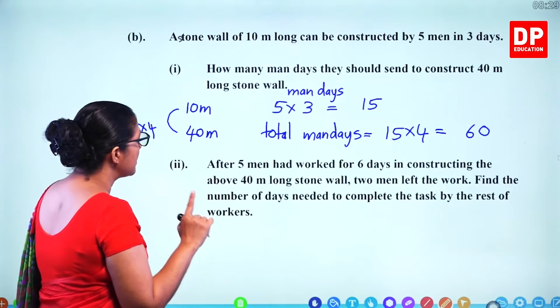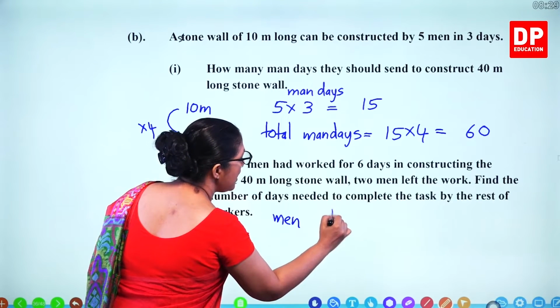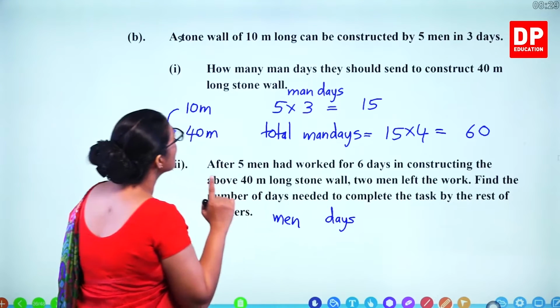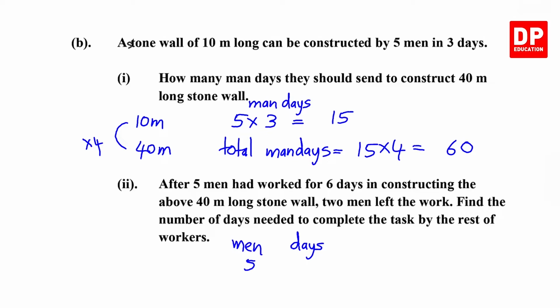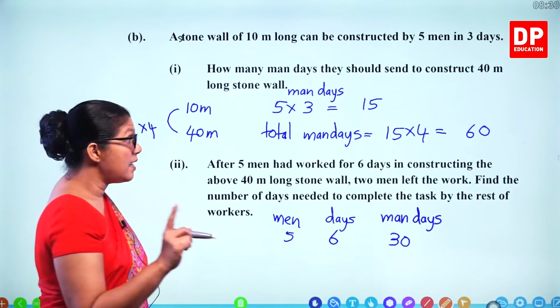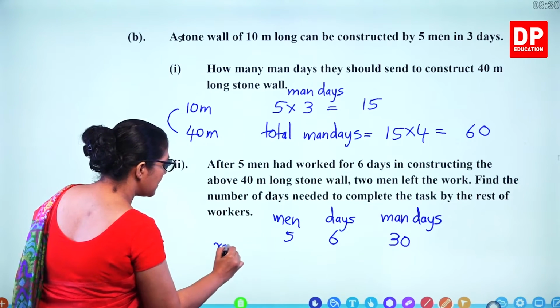Now what happens? Now if you take men and days, 5 men were there. So here 6 days worked. So how many man days completed? 5 times 6, 30 man days completed. Altogether they need 60 man days. So what's the remaining man days?